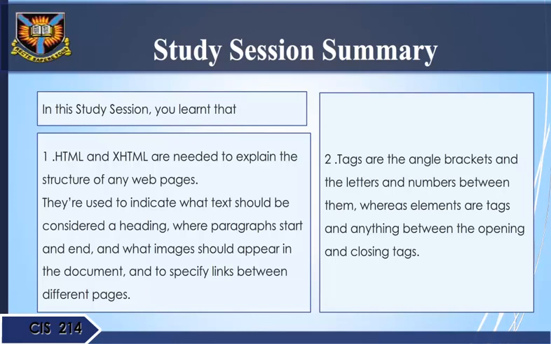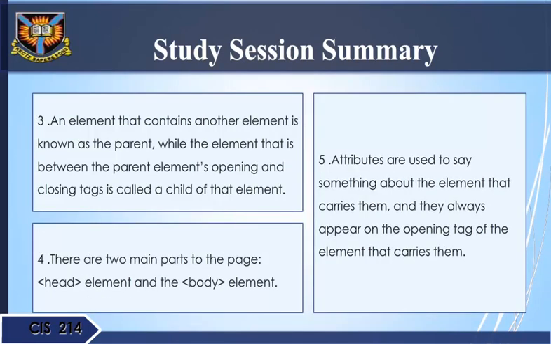Tags are the angle brackets and the letters and numbers between them, whereas elements are tags and anything between the opening and closing tags. 3. An element that contains another element is known as a parent, while the element that is between the parent element's opening and closing tags is called a child of that element.